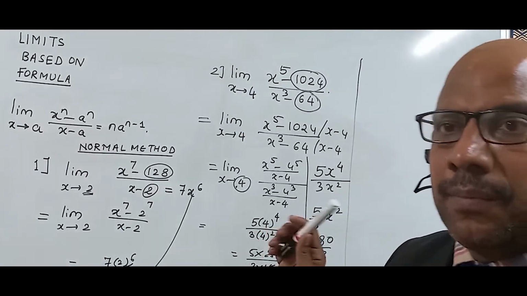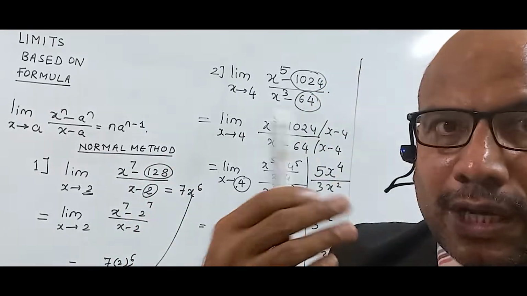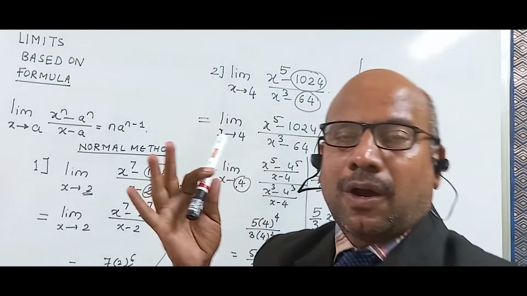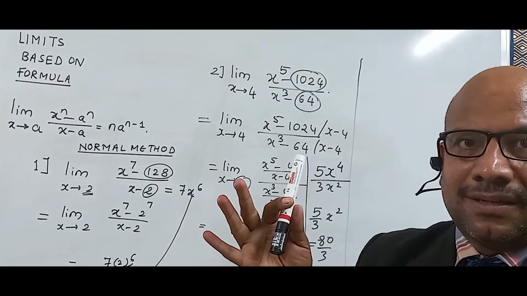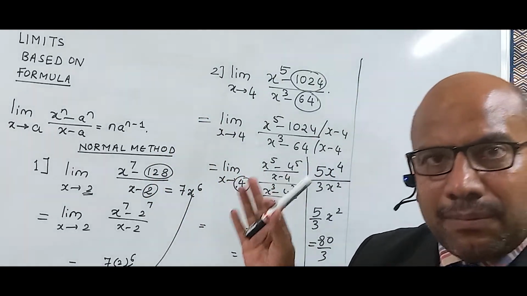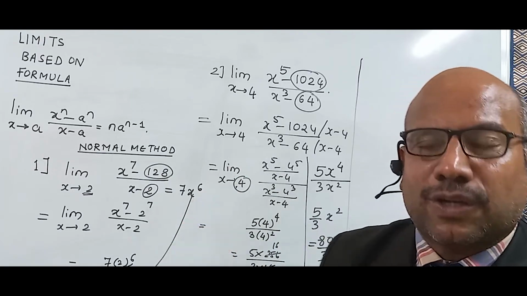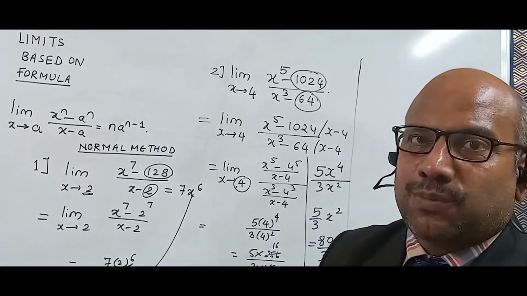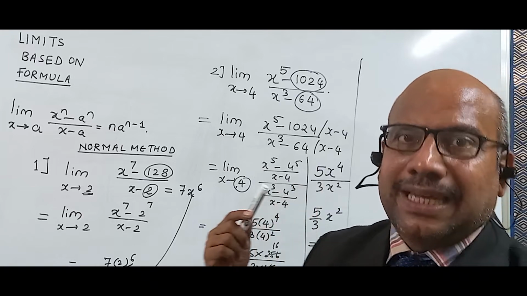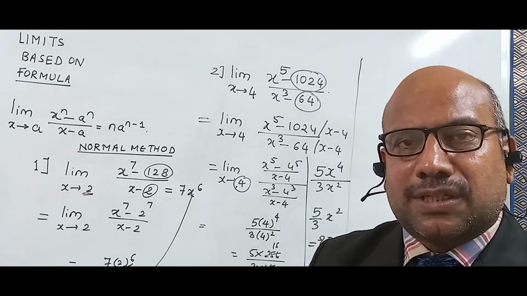No problem. But there are number of sums. I am not talking about the sums of JEE Main type or advanced. I am talking about the sums which are there in your textbook. There are number of sums in your textbook, and if you don't know the technique, it is not possible for you to solve the sum faster.